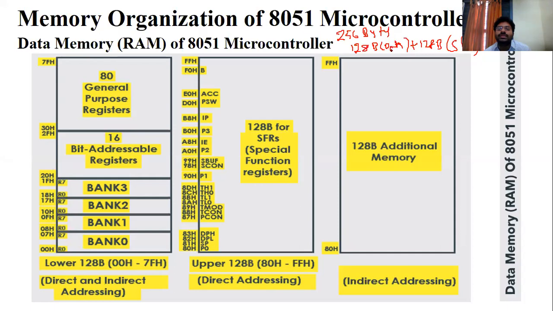So we only consider the 128 bytes of data RAM. Whenever anyone asks what is the internal memory size of the RAM and ROM, you must say that the internal memory size of the RAM is 128 bytes and ROM is 4K.